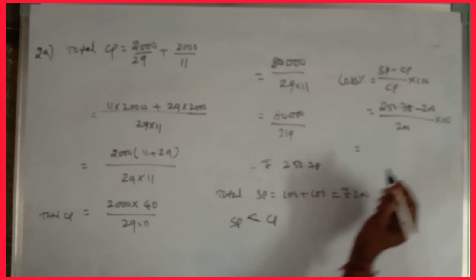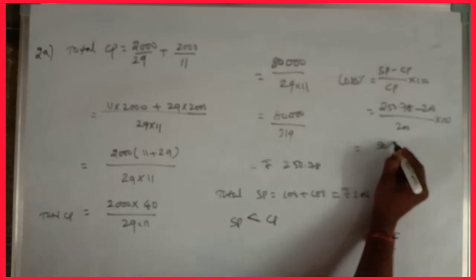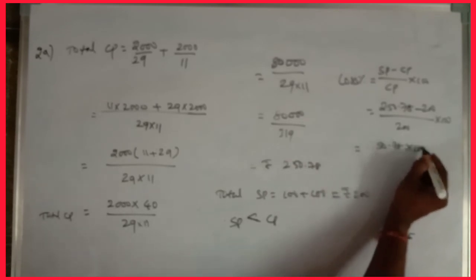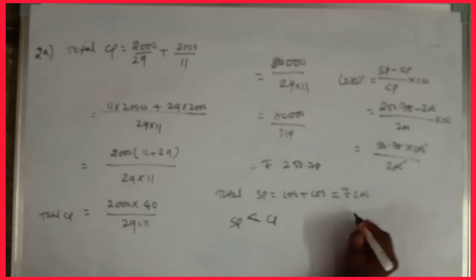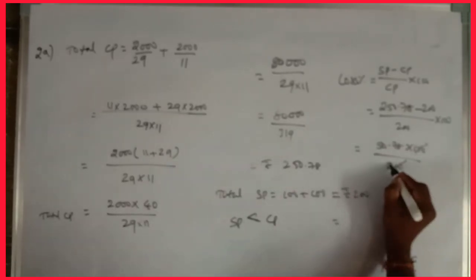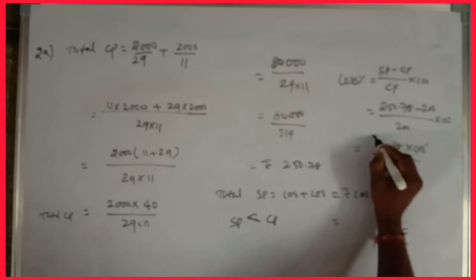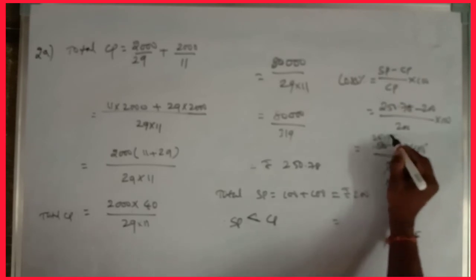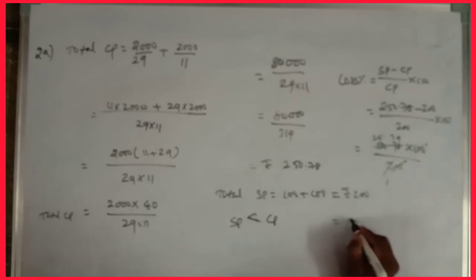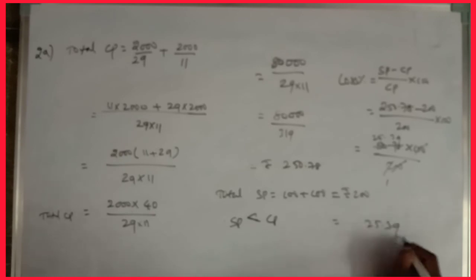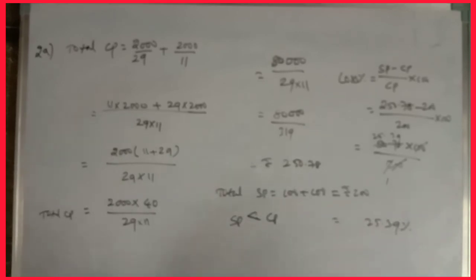So 250.78 minus 200 is equal to 50.78 into 100 by 200. Zeros cancel. Now that's equal to 2 ones are 2, 2 25s are 50, 2 3s are 6, 2 9s are. So that's equal to 25.39% is the overall transaction loss.